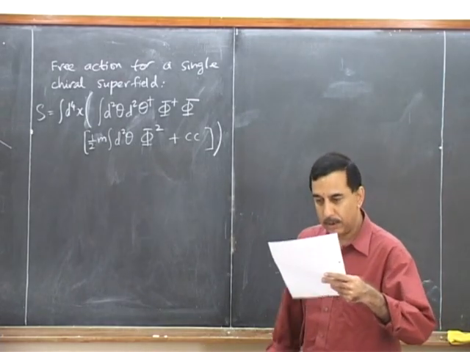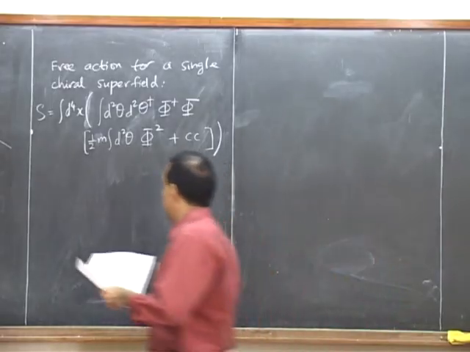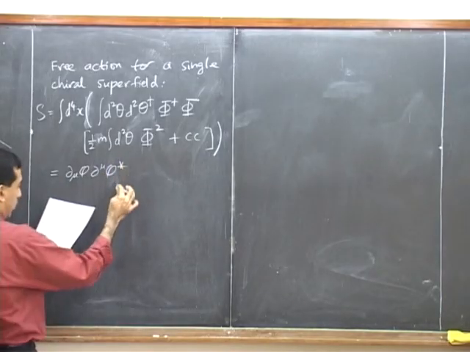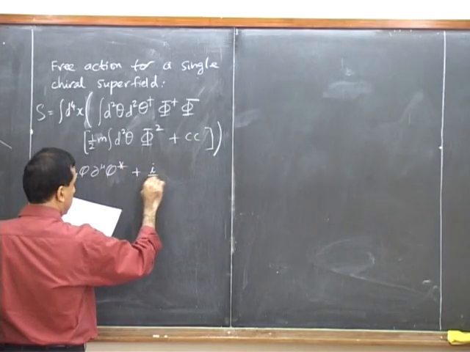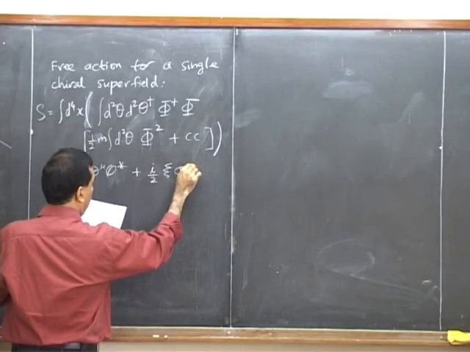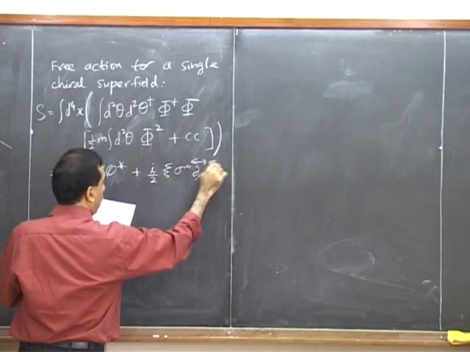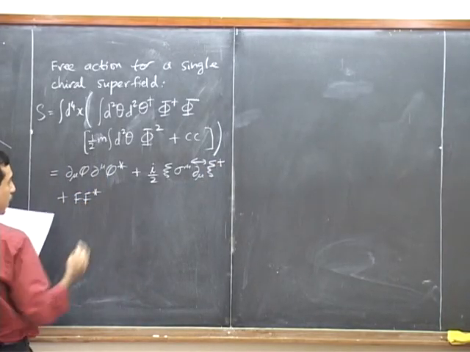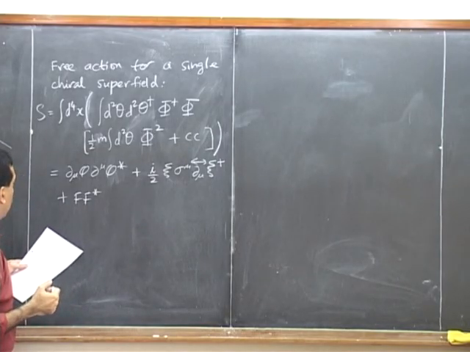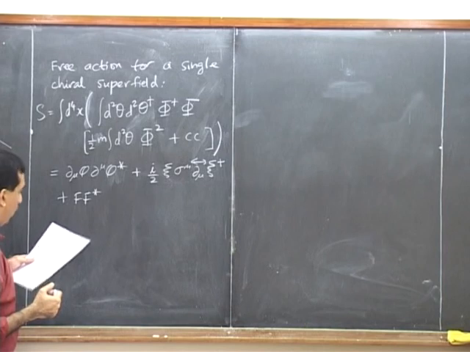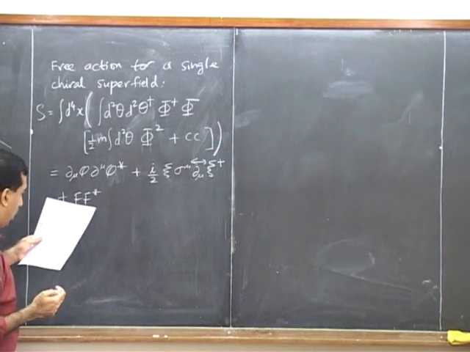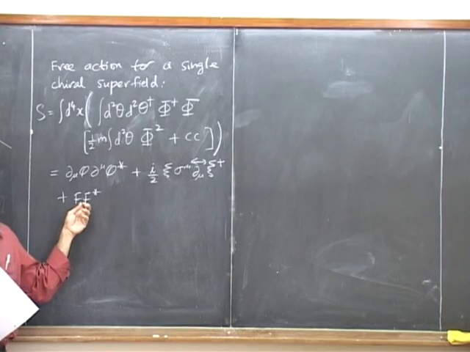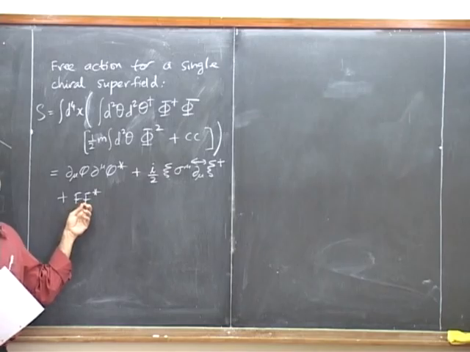That Lagrangian eventually looked like, I'll write it anyway because this will be useful, it first of all looked like this plus this plus F star F. Remember that plus FF star is a sort of wrong sign, because if you think of this as part of the potential, it's a negative term in the potential.